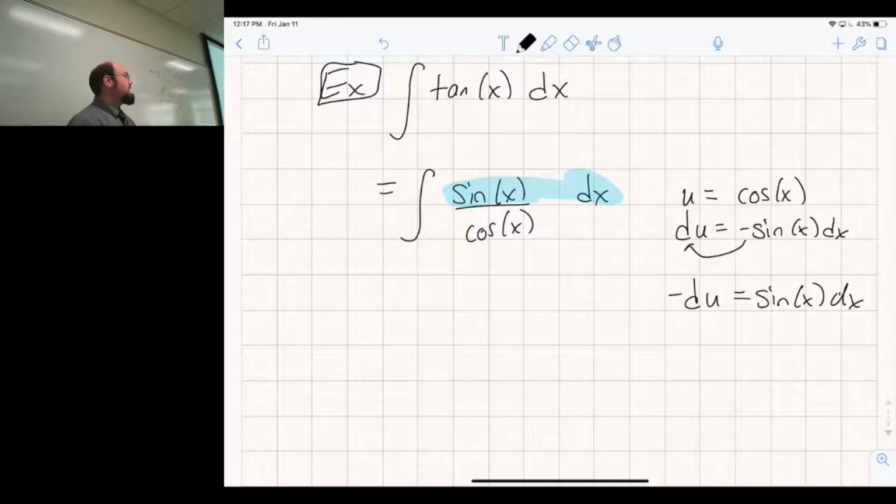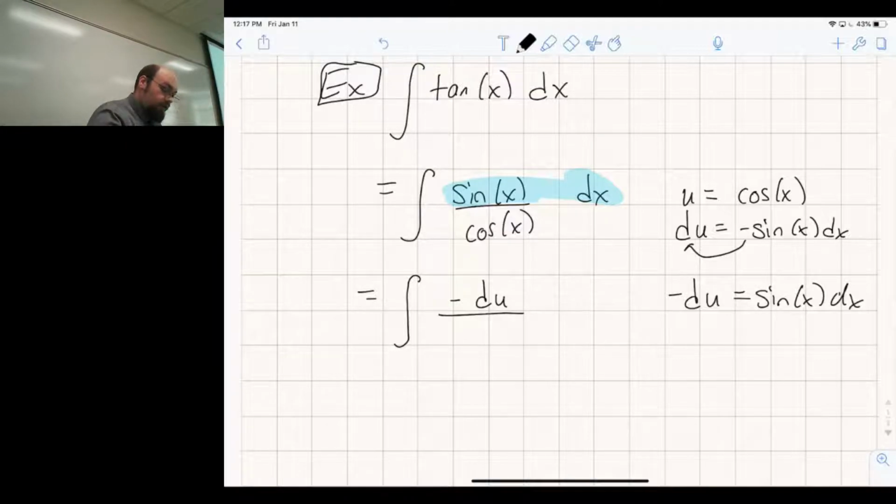So I'm going to replace sine x dx with negative du, and then I'm going to replace cosine of x with u. So this becomes the integral of negative du over u. Yes? Didn't you pull the negative outside? Yes.